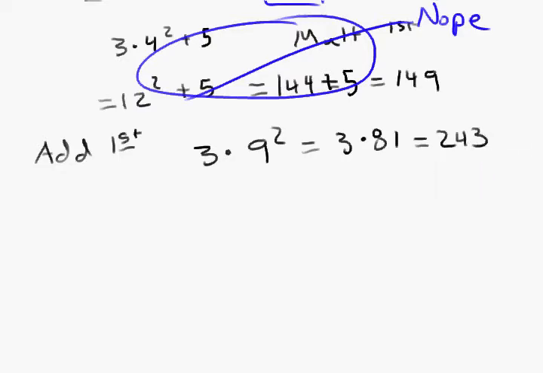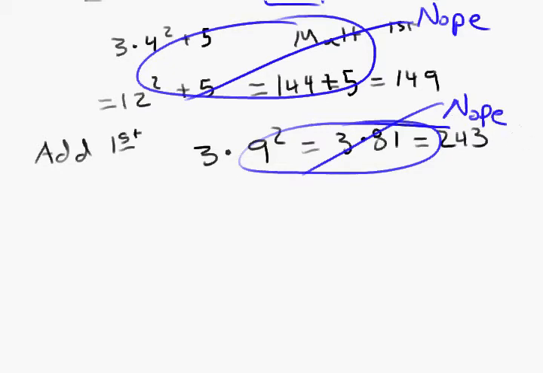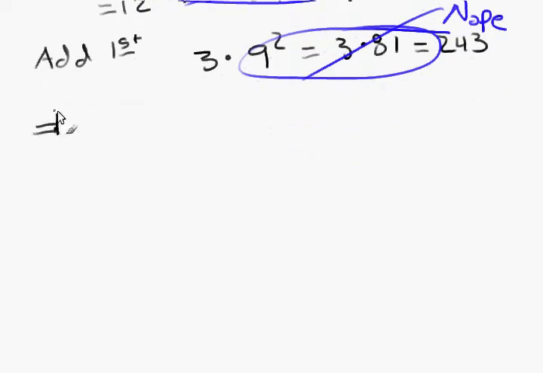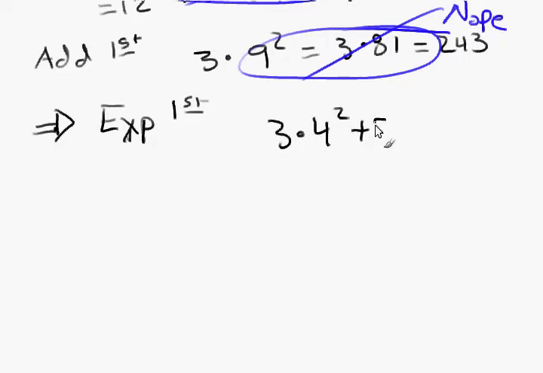That's even worse. So that leaves us with exponent first. Oops. 3 times 4 squared plus 5. We're going to get 3 times 16 plus 5.